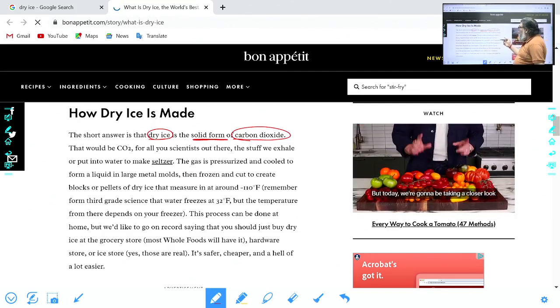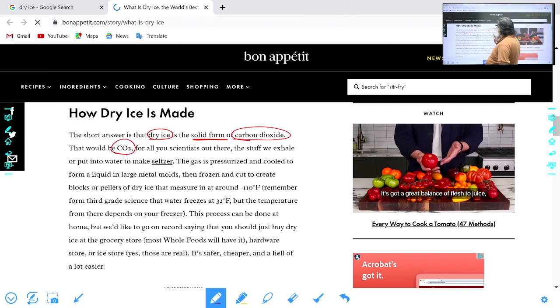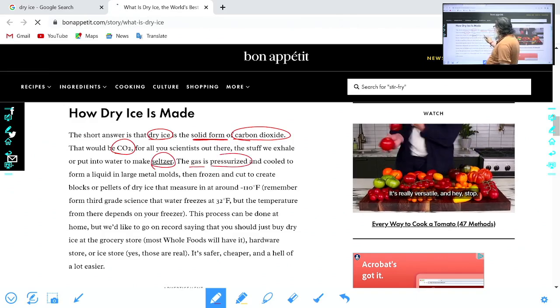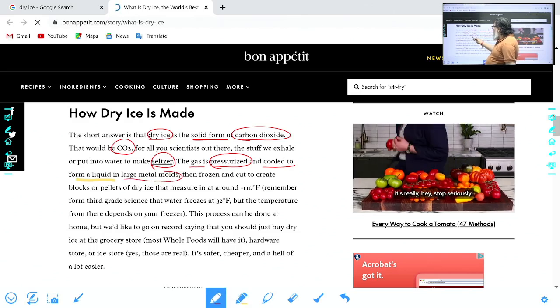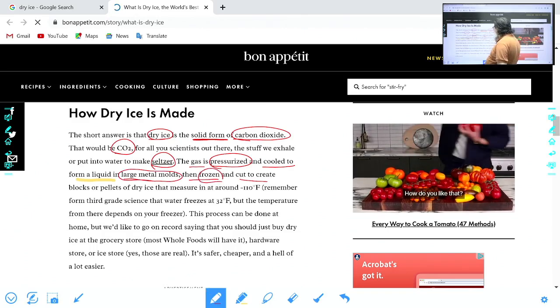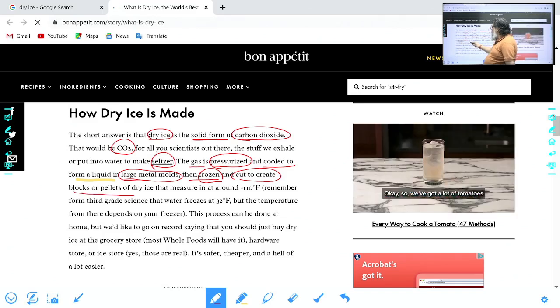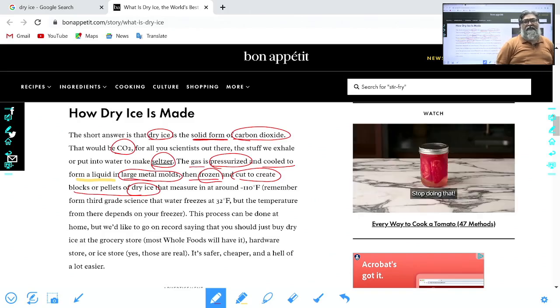You can see what is given here: CO2 gas that scientists put into water to make seltzer. Another thing: the gas is pressurized and cooled to form a liquid in a large metal mold. Artificially we make that. Then it is frozen and cut to create blocks or pellets of dry ice. This is the man-made process where we make dry ice.